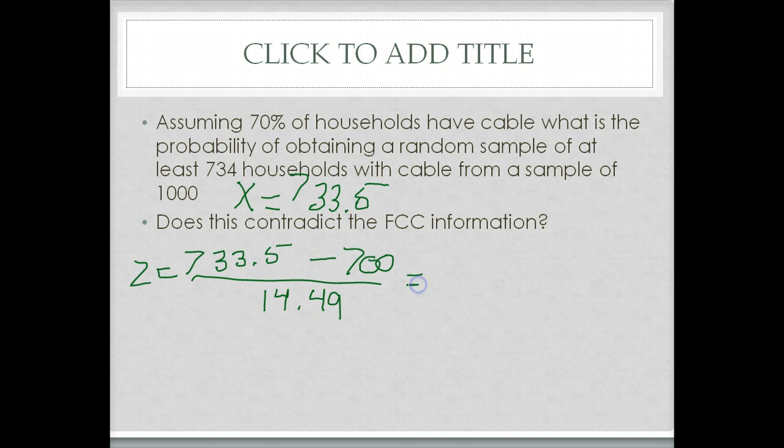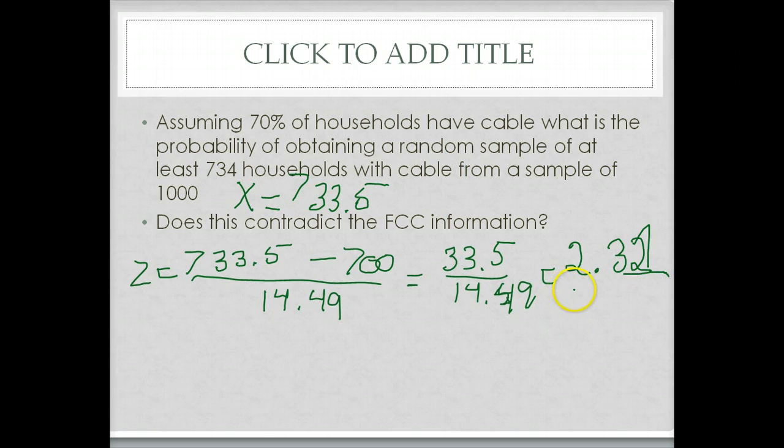So I'm going to go ahead and subtract 733.5 minus 700 and divide by 14.49. What I got was 2.31. I'm rounding off my calculator wrong, sorry. Let's round correctly off the calculator. 2.31.